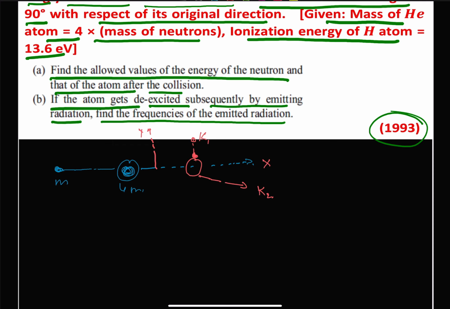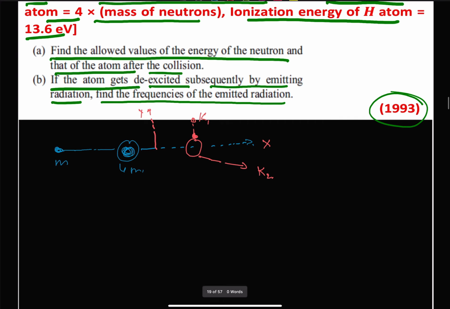So we are just going to use the conservation of momentum in x direction, and let me draw this with respect to the x-axis. Suppose it is moving in this direction, that is K2, and the angle is given as theta. So K2 can be divided into two components.